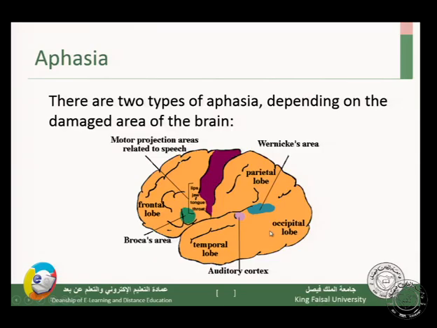Neurolinguists as well have noticed that people who have received damage in Wernicke's area, this greenish area, or the dark blue, I'm not able to tell what color this is, perhaps some people refer to it as turquoise, have a problem with understanding speech.